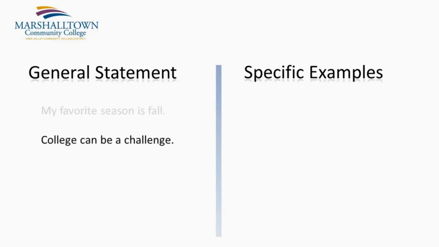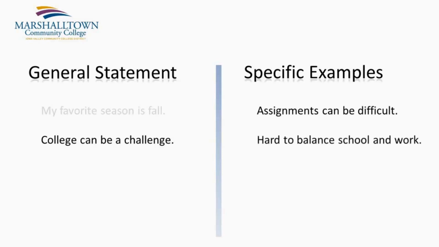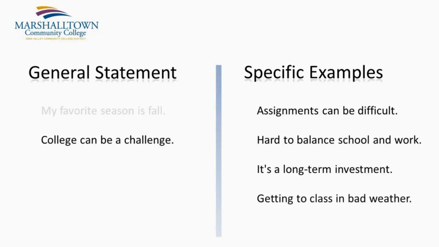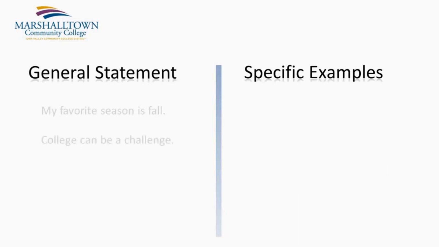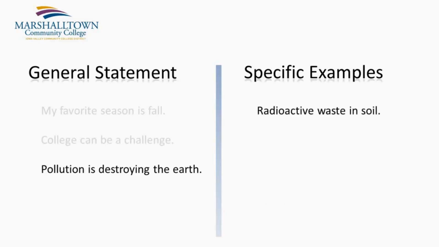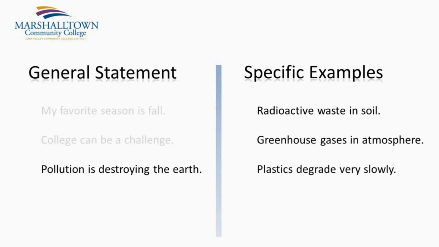Or, college can be a challenge. Assignments can be difficult, hard to balance school and work. It's a long-term investment, getting to class in bad weather. Or, pollution is destroying the earth. Radioactive waste in soil, greenhouse gases in atmosphere, plastics degrade very slowly, pesticides in the water supply.